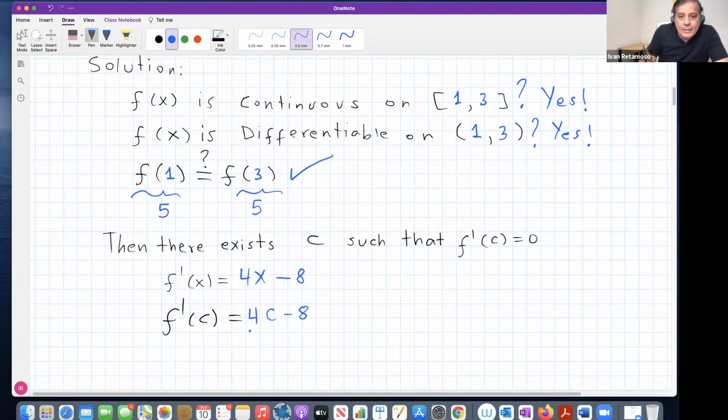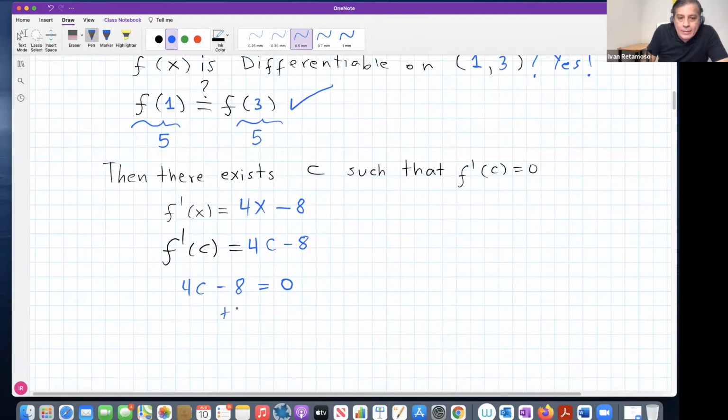This is supposed to have a solution when I make it equal to 0, so 4c equal to 8 should show a solution according to Rolle's theorem. And that can be verified here, because 4c equal to 8, dividing both sides by 4, gives c equal to 2. Very good.